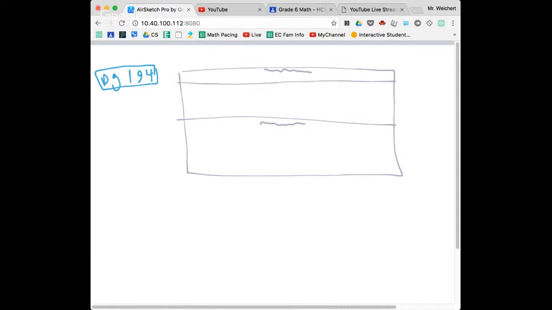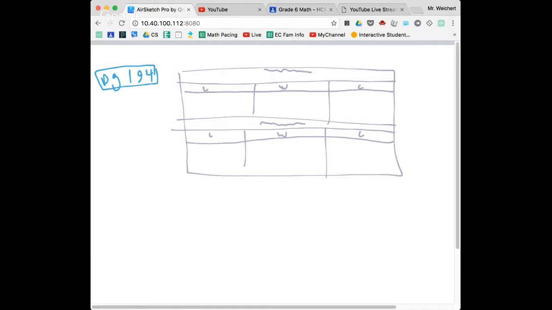Basically you see that they're broken into 3 things: length, weight and mass, and capacity. This is going to tell you, for instance, how many centimeters are in 1 inch.